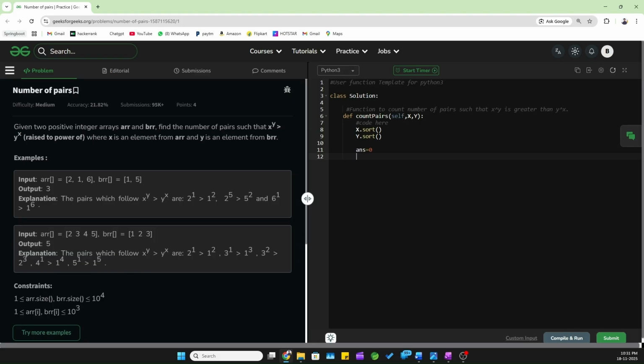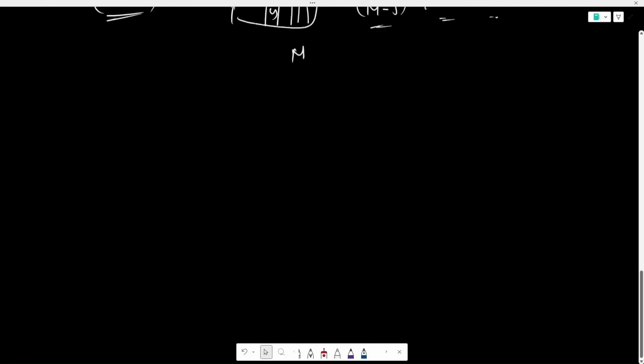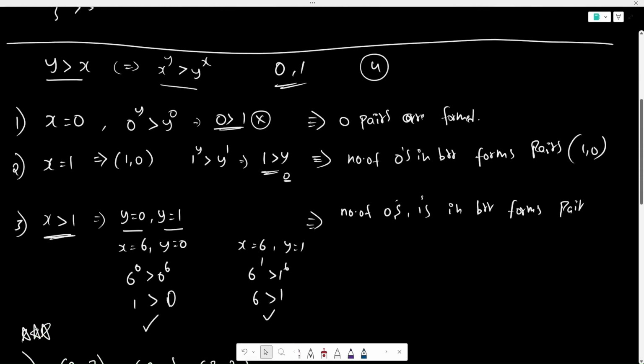In answer I will be storing the number of pairs, and after that I will take a capital N and store the length of the y array, the second array. In that only I will iterate, right? So for that I will calculate the length. Now here, if we see our exceptions, whenever x equals 1, the number of zeros in BRR forms the pair, right?